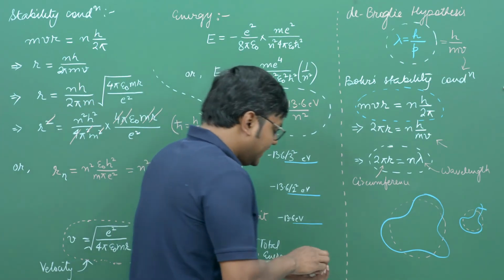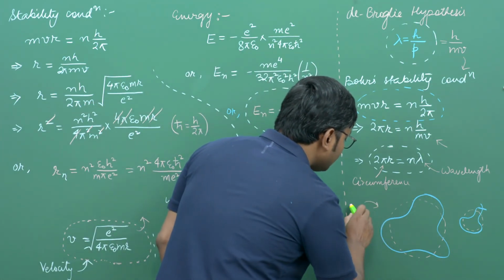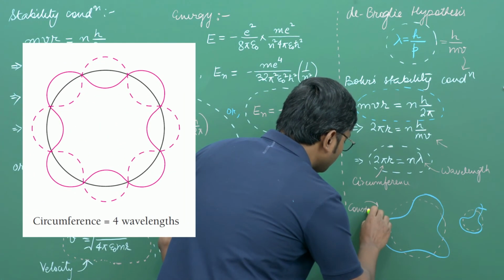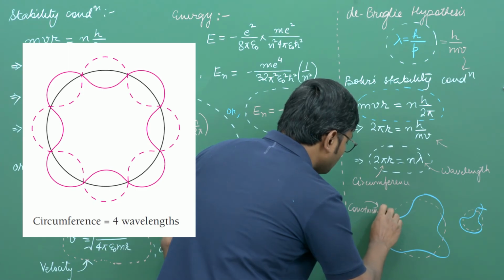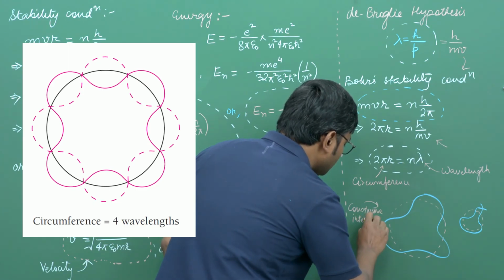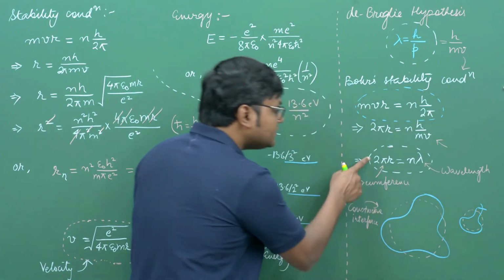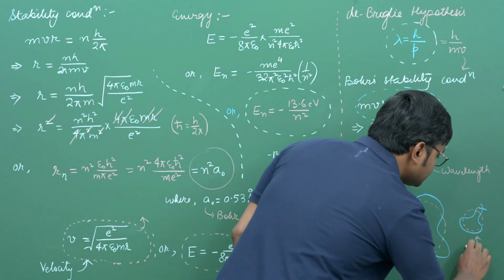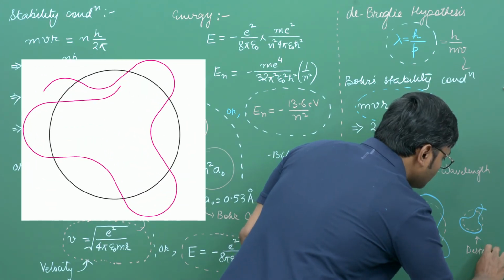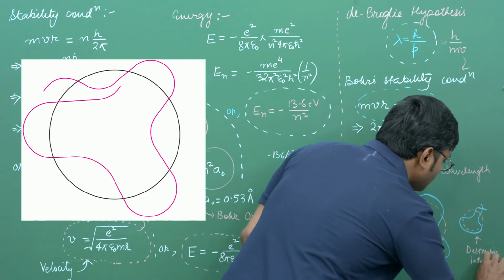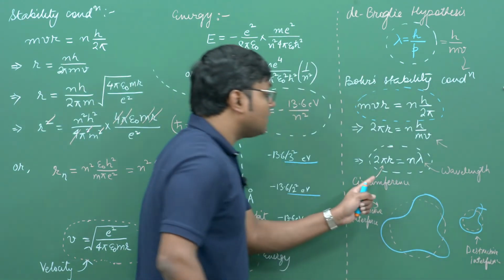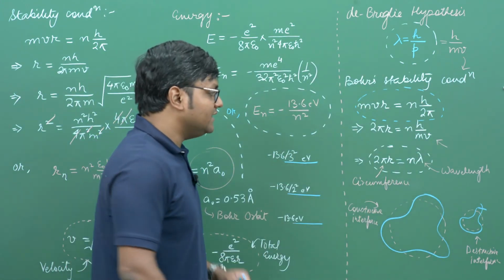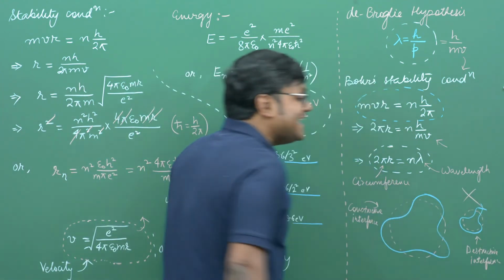Okay, so in one case we have constructive interference wherever circumference is an integral multiple of the wavelength, and we have destructive interference wherever circumference is not an integral multiple of wavelength, and these orbits do not exist.